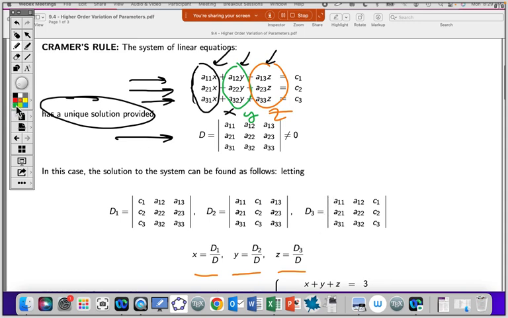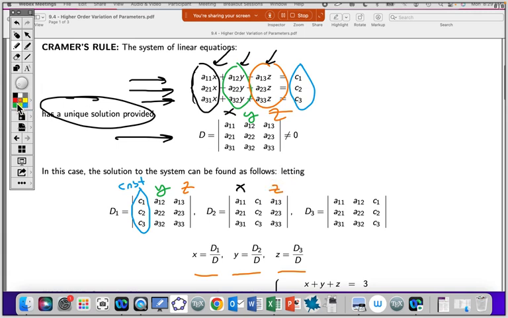What we do is we go in. For D1, we replace the X with the constants on the right-hand side. So instead of the X, we have the constants. We keep the Y and the Z column the same, and that number is D1. For D2, we keep the X and the Z the same.